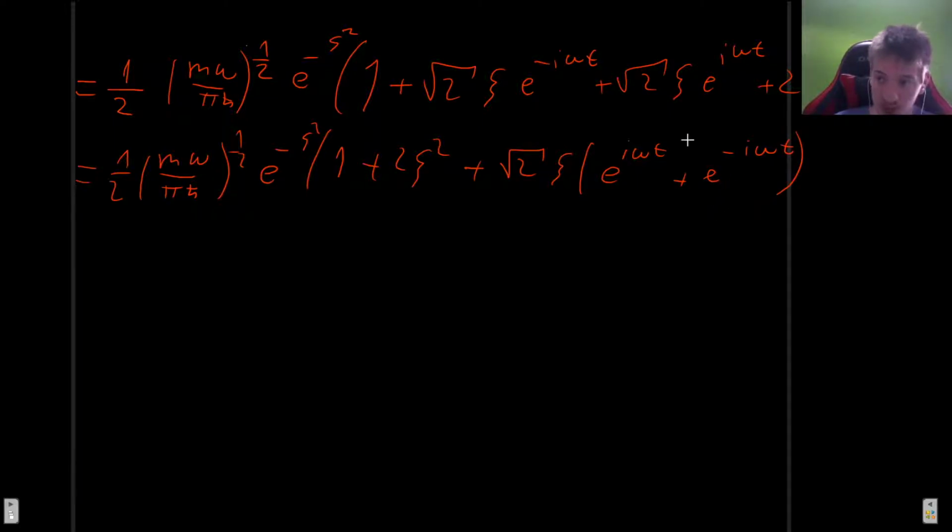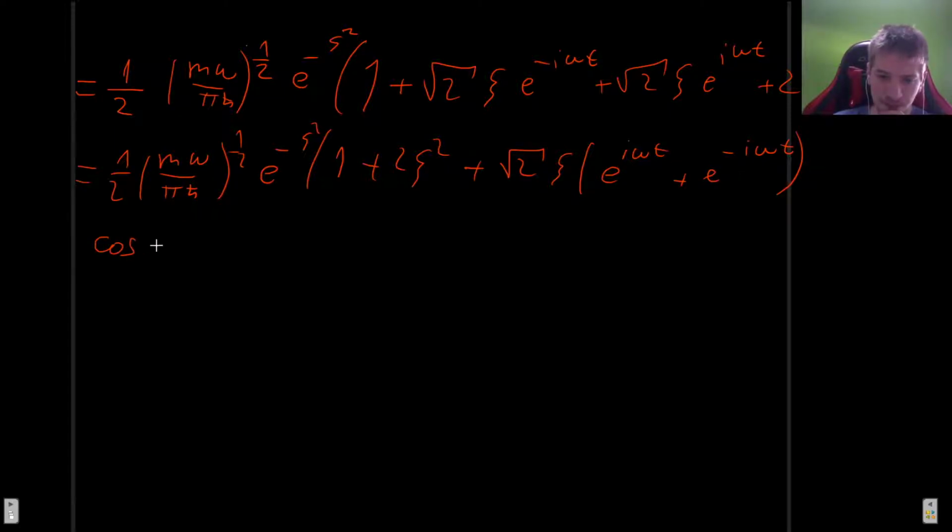Now, whenever you see something like this, I really hope you think, oh, that seems like cosine or sine. If you can't really tell which one it is, it's okay for now, but this should look like a sine or a cosine. In this case, it's going to be a cosine, but whenever you have e to the I something plus or minus e to the minus I and that same something, that is something you can write as a cosine or a sine, right?